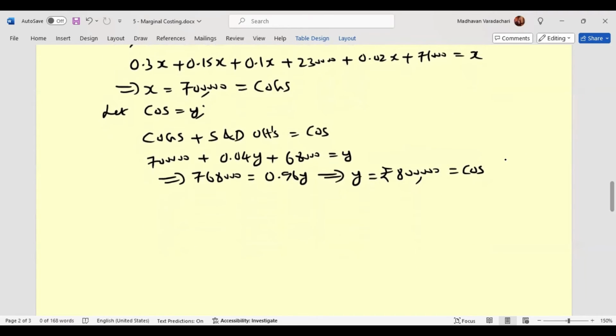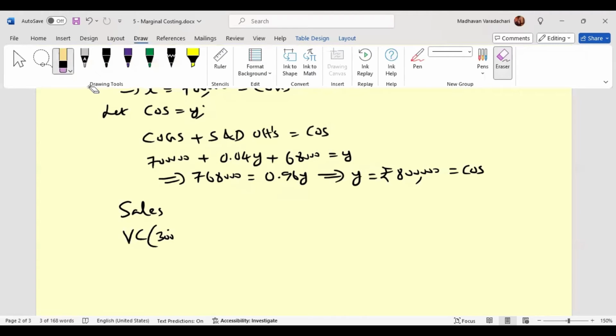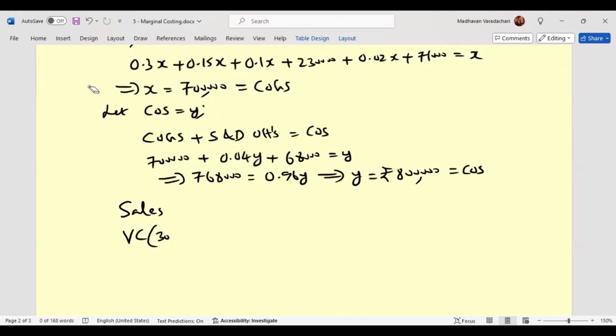Now we have sales. Then we will calculate the variable cost. Variable cost they gave us 30% of COGS.